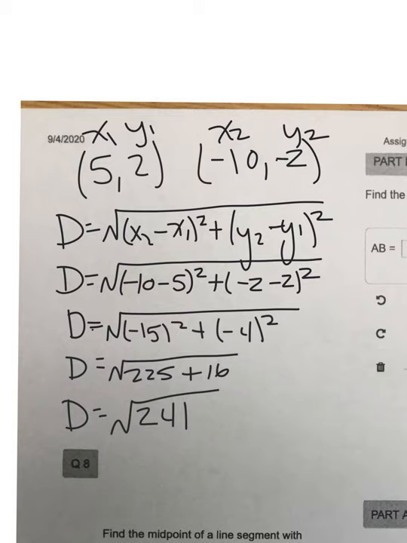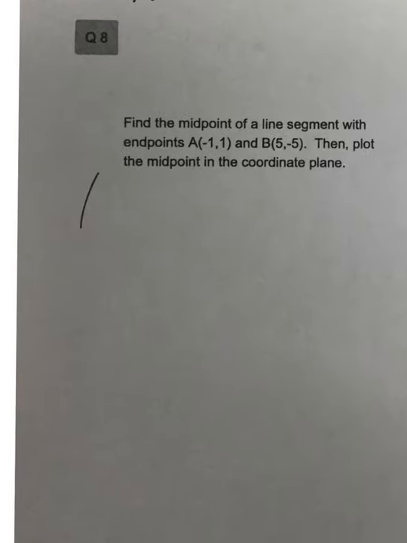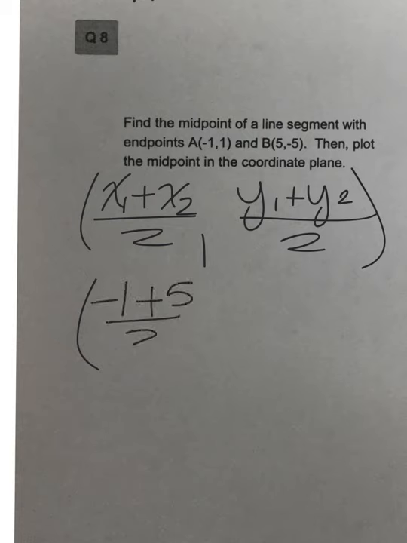Okay. And then we have one more midpoint problem here. I'm going to take my x values and add them together. So I have negative 1 plus 5 over 2.